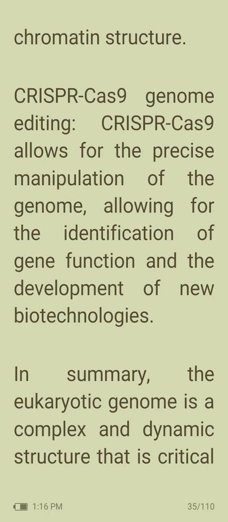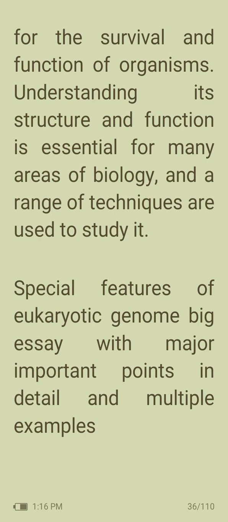Then CRISPR-Cas9 genome editing. CRISPR-Cas9 allows for the precise modification of the genome, allowing for the identification of gene function and the development of new biotechnologies. In summary, the eukaryotic genome is a complex and dynamic structure that is critical for the survival and functioning of organisms.